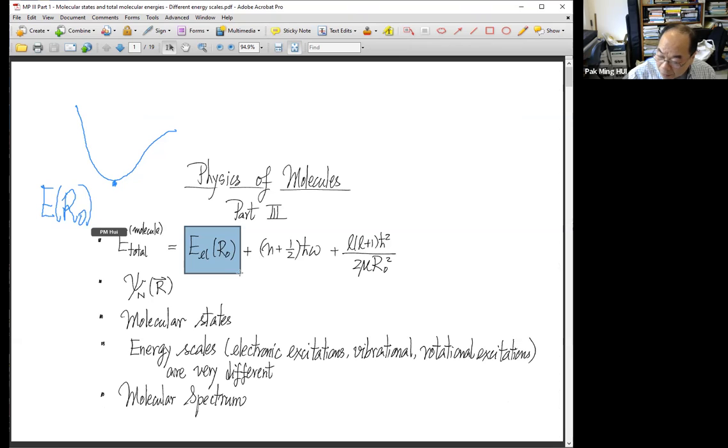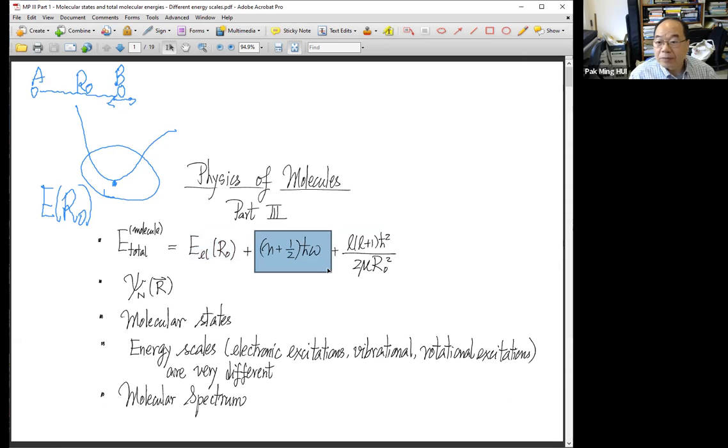But remember, this is the separation between two atoms, A and B. About this equilibrium separation, the two nuclei could vibrate. That will be an oscillator problem, a one-dimensional oscillator problem, back and forth around here. That will give us vibrational energy, like an oscillator.